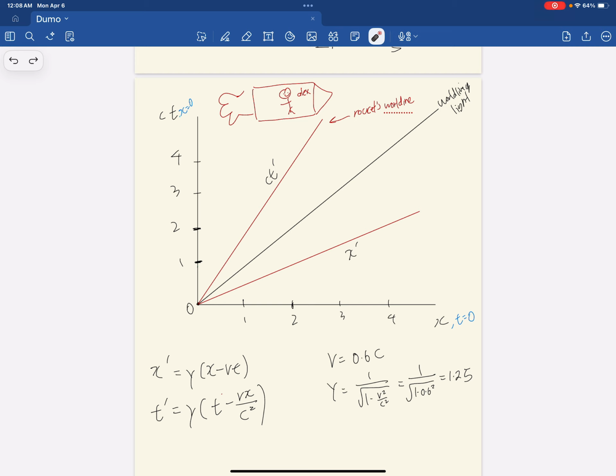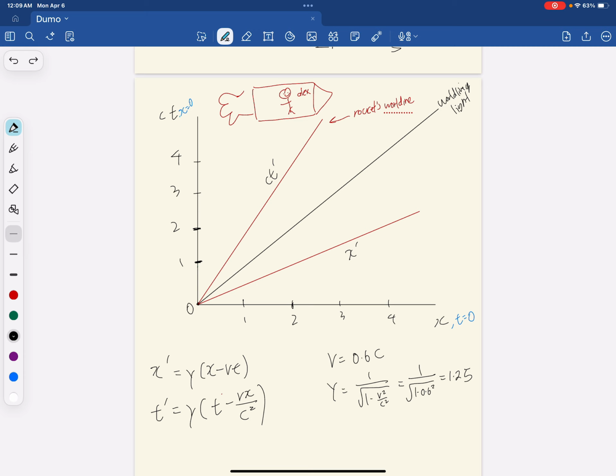And now we have to officially move on to priming, finding the scale of our primed axes and how to do that. The best way, in my opinion, is to find the scale of the x primed and the t primed, ct primed axes separately.